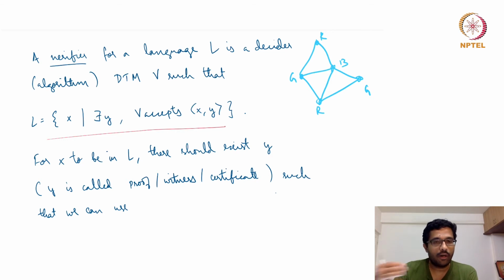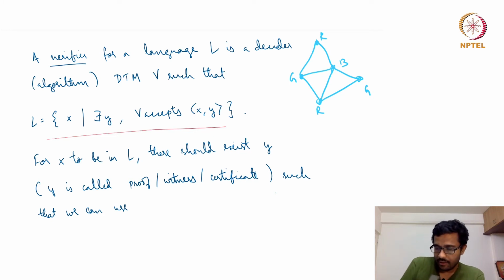Now how do I convince you that this is 3 colorable? So now you are asking me, okay, give me a certificate or give me a proof that this is indeed 3 colorable. So now I'll tell you, okay, look at this particular 3 coloring. It's a valid 3 coloring for this graph. Now once you get the valid 3 coloring, you can verify, okay, this edge is fine, this edge is fine, this edge is fine, and so on. And then you are convinced.